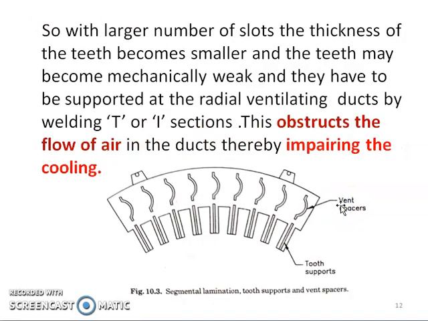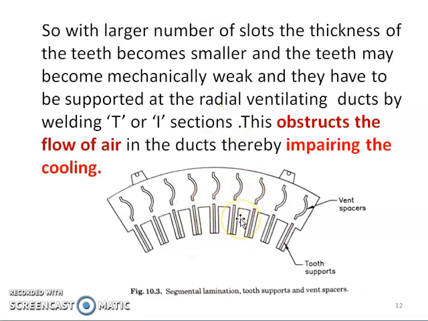With a large number of slots, the thickness of teeth becomes smaller, and these teeth may become mechanically weak, and they have to be supported at the radial ventilating ducts by welding T or I sections.